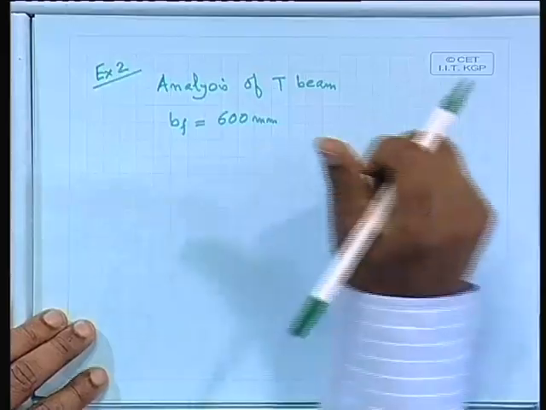Either you have to calculate the width of the flange according to IS 456, the formula which is given, or it is specified. In few cases it may happen that it is specified, but otherwise we have to get it using that formula given in IS 456.